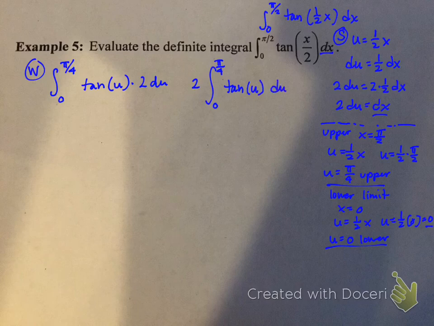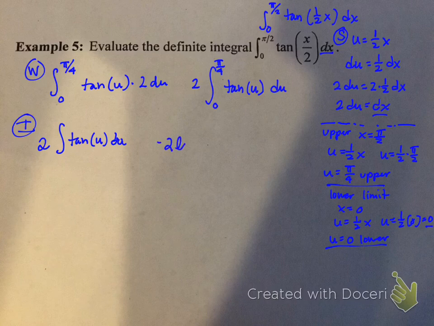We definitely have a rule for tangent u. So I'm going to take 2 and integrate tangent u du, and I'm going to worry about the upper and lower limits in a minute. When I integrate that, I get negative 2 times the ln of cosine u.